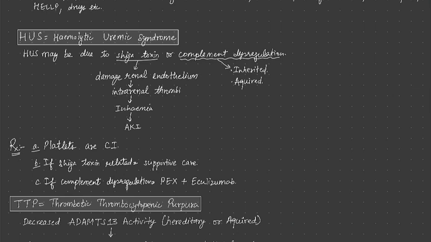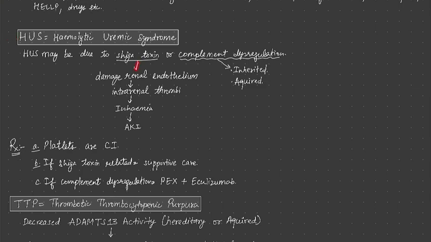Shiga toxin, from Shigella, a gram-negative bacteria which causes bloody diarrhea in children. So any child coming to you with history of bloody diarrhea, with AKI, with anemia, with thrombocytopenia, you will suspect hemolytic-uremic syndrome in that patient.